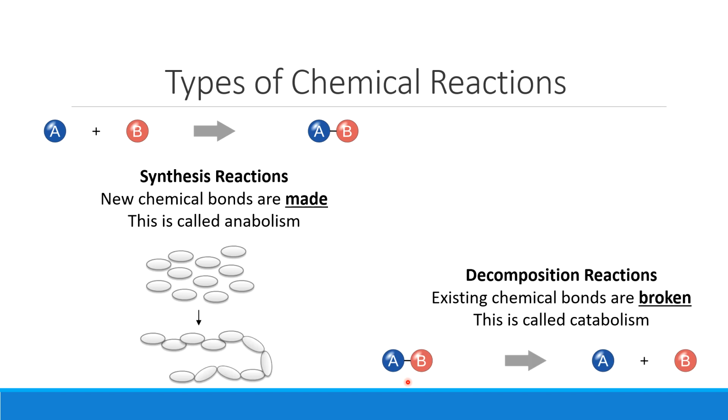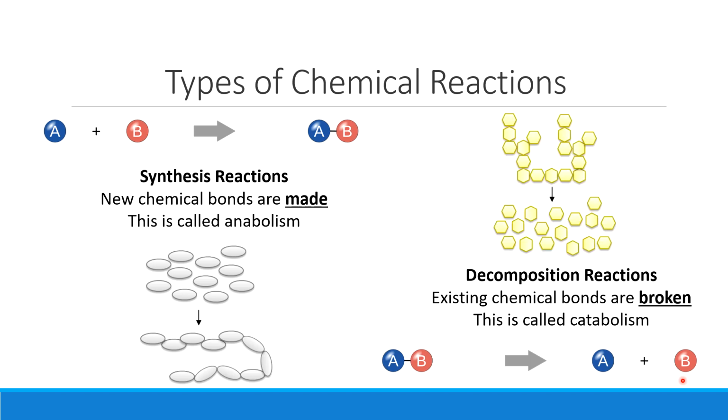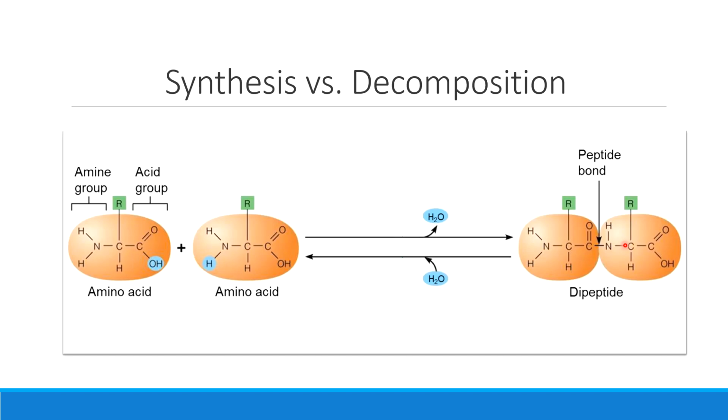So again, with our cartoon, if we take that large reactant, AB, that we made above, and we split it in half into A and B, we've just done decomposition. And we do this all the time in the body when we have stored sugar, like we see up here, and we break it into individual pieces. That's a decomposition reaction, or that is a catabolic reaction. Synthesis and decomposition are often paired in the body.